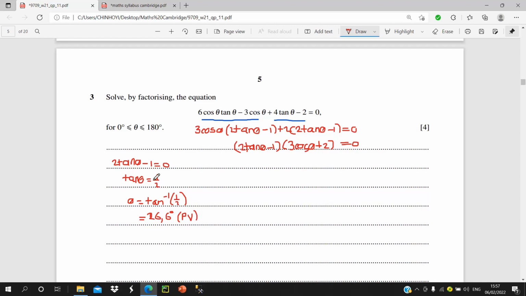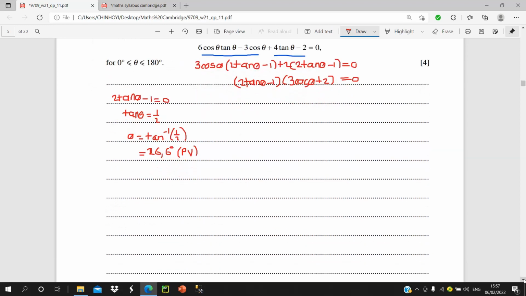So we are going to sketch the graph. For us to find the value of theta, let's sketch a graph of tan from 0 to 180.